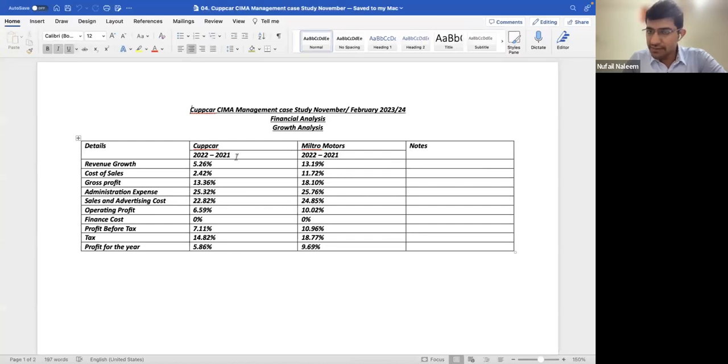If you observe the first one, Cuppcarr, our company, the revenue growth from the previous to the current year is only 5.26%. And Miltro, it is 13 point how much, students? 19%. So Miltro Motors is performing better in revenue growth, correct?